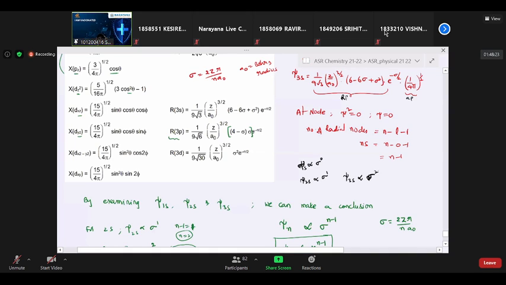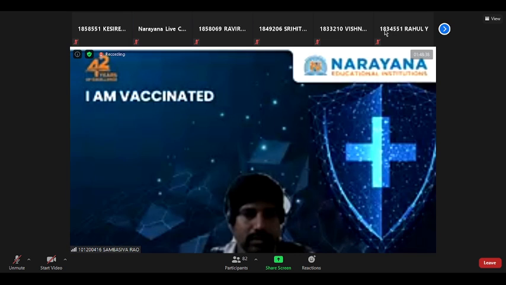The orbital wave function psi with principal quantum number n is directly proportional to sigma power n minus 1, that is r power n minus 1, because sigma is equal to 2Zr by a naught.